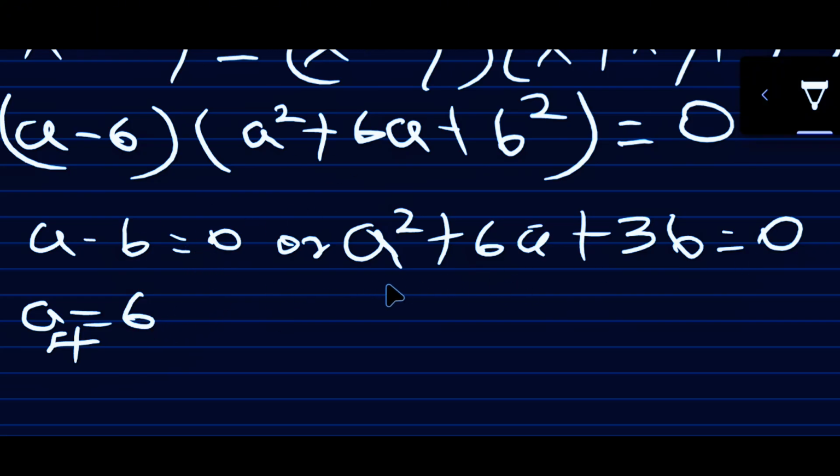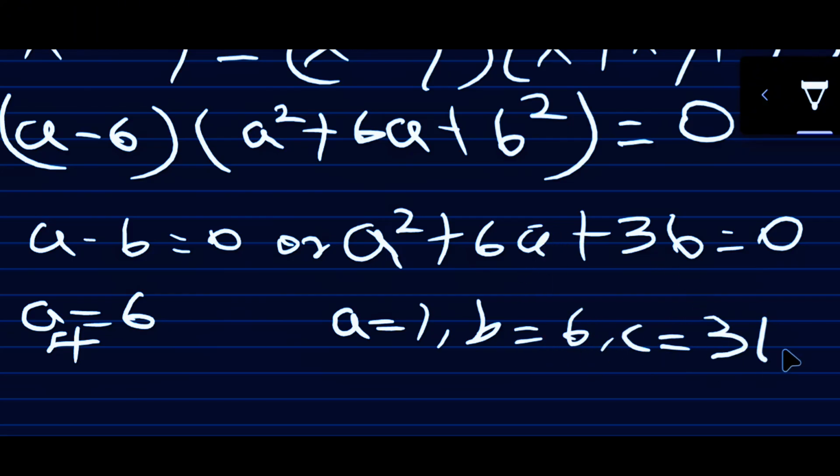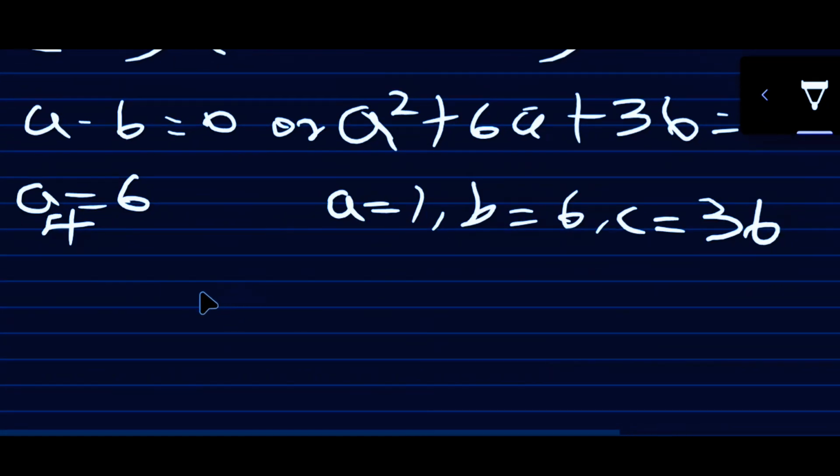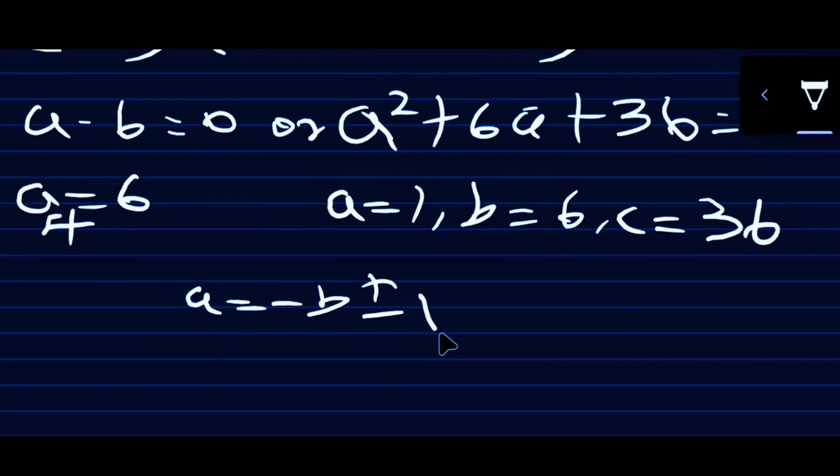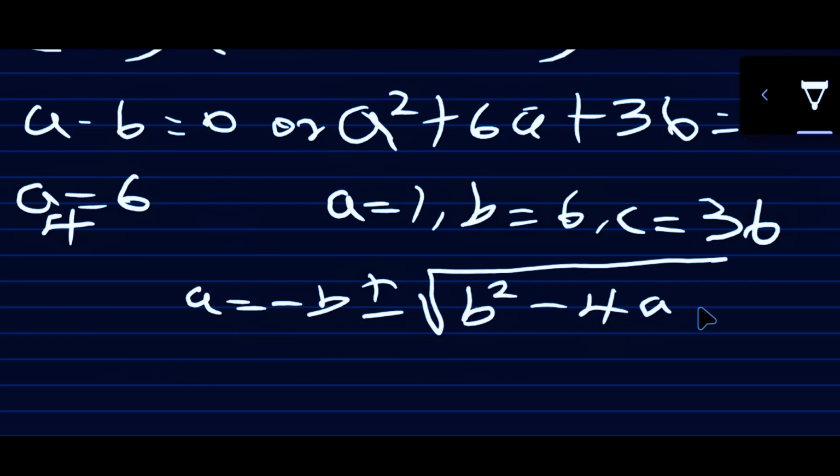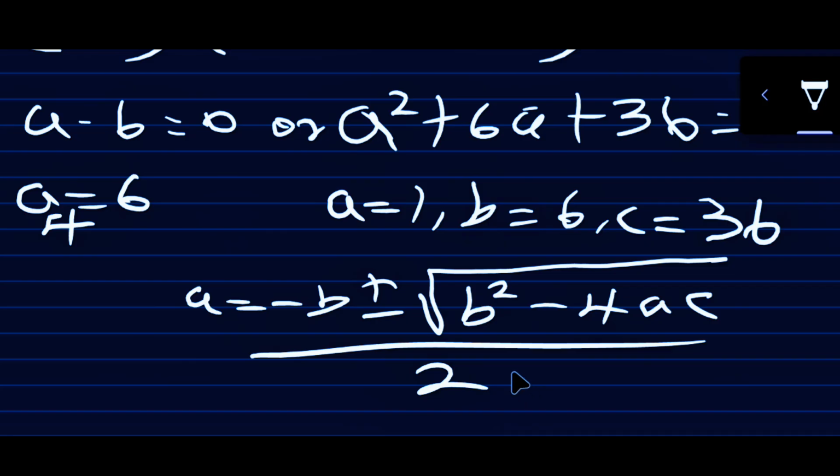So if we use the quadratic equation to solve this, now here a equals the coefficient of a squared here, which is 1, then b equals the coefficient of a here, which is 6, and c equals 36. Now the formula says that a will be equal to minus b plus or minus square root of b squared minus 4ac, and everything will be divided by 2a.